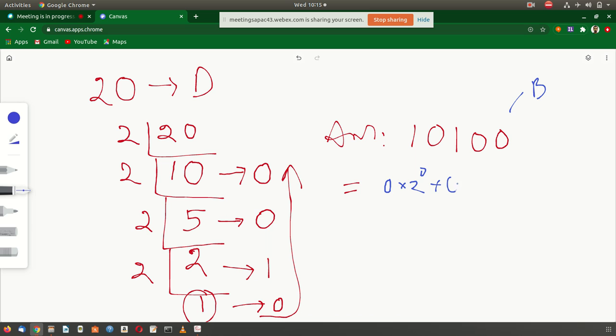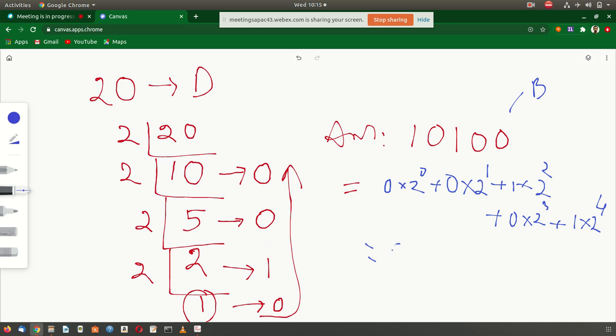Let us prove that the answer is correct. 0 into 2 to the power 0, plus 0 into 2 to the power 1, plus 1 into 2 to the power 2, plus 0 into 2 to the power 3, plus 1 into 2 to the power 4.